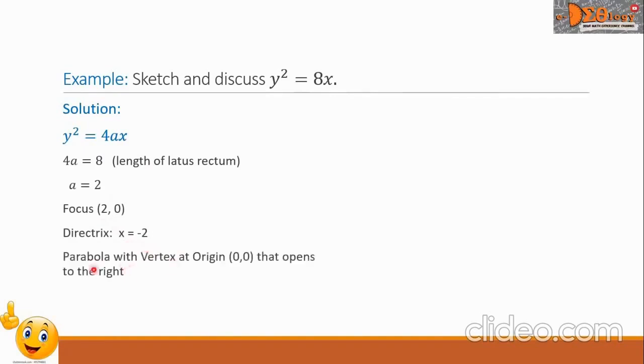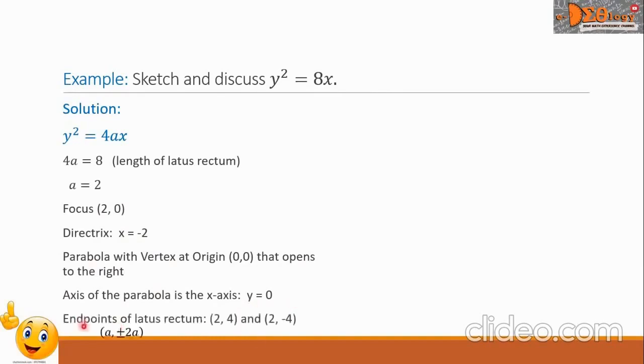We can say now that this is a parabola with vertex at origin (0, 0) that opens to the right. Now, the axis of the parabola is the x-axis itself, and we know the equation of the x-axis is y equals 0.